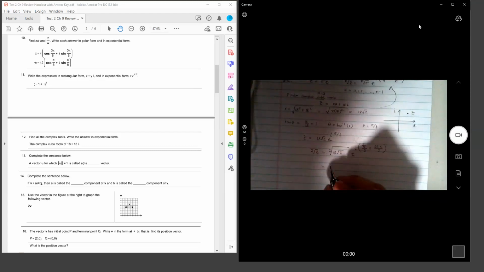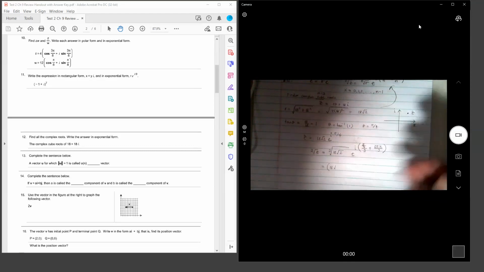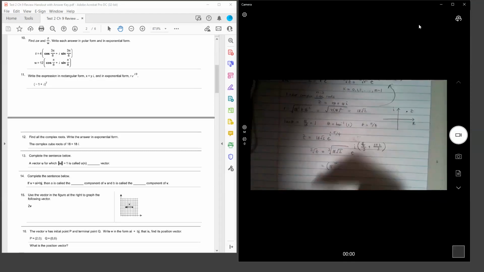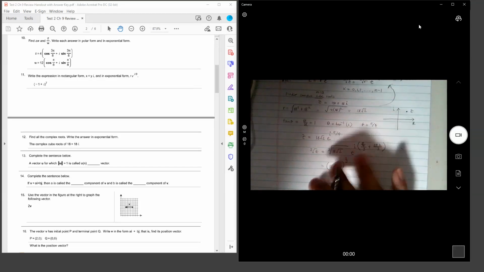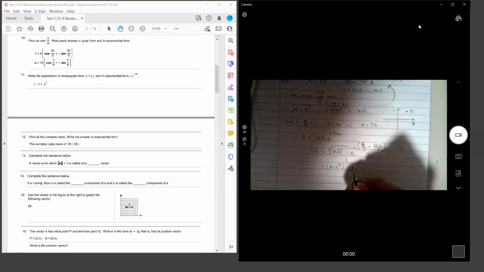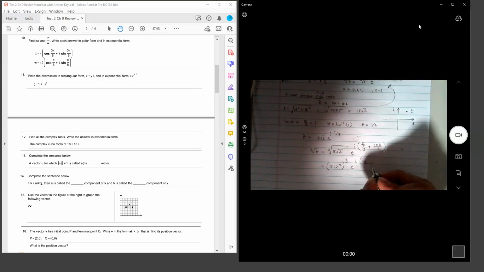This is the same as 18 times 2 times 1/2 raised to the power of 1 over 3. So I need to clean this up a little bit here. Times e to the i pi over 12 plus 2 pi k over 3.